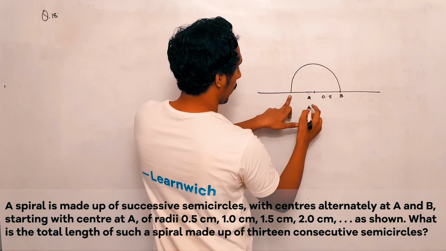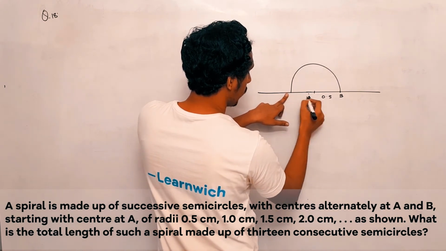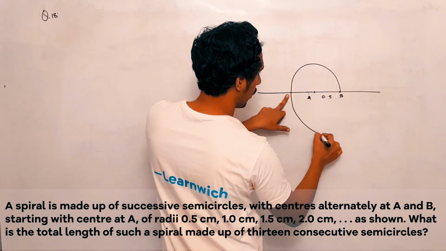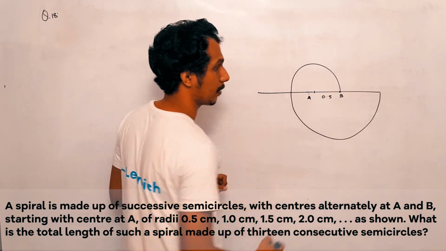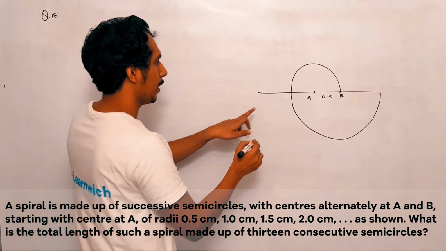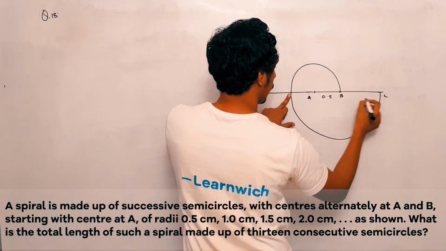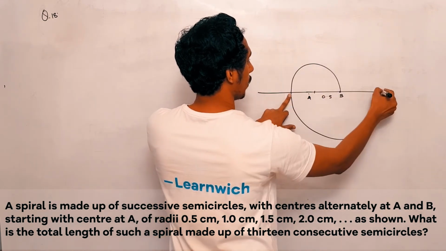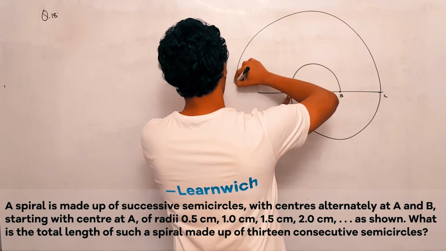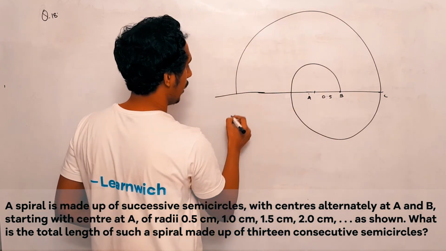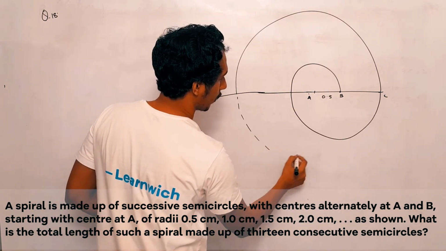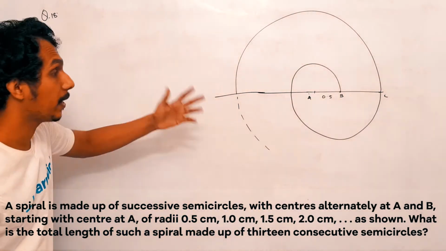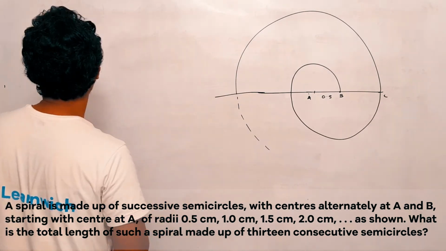The next will have this taken as center, and this is your next semicircle. Next, let's say this is C, this will be taken as center, and this whole thing is going to come here like this, and so on. Don't worry about all those things.